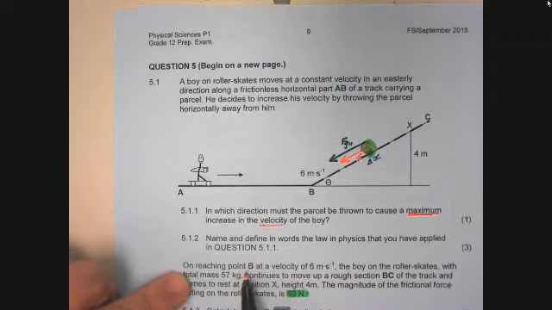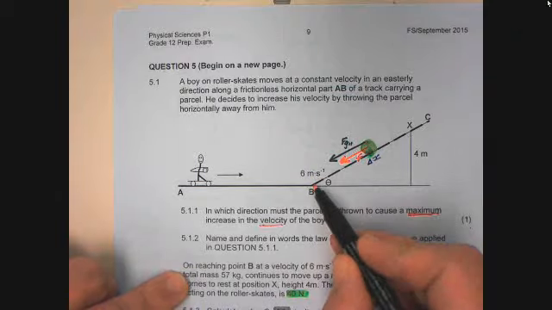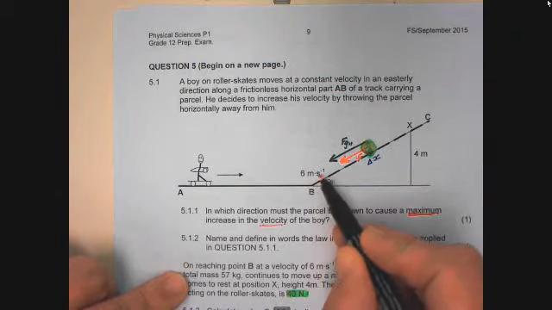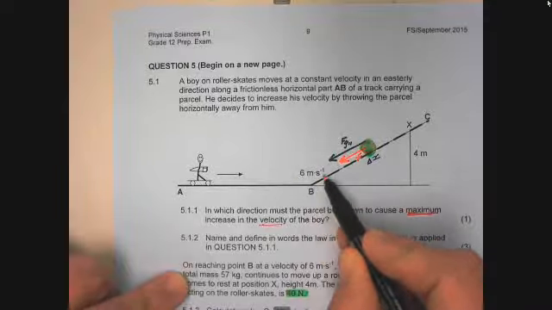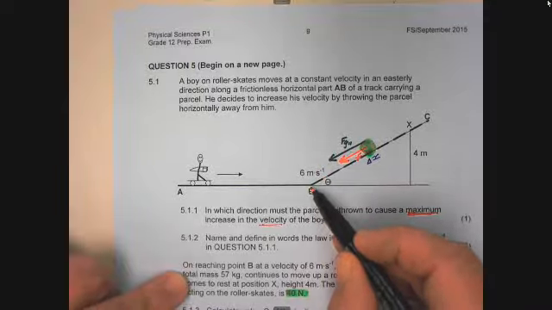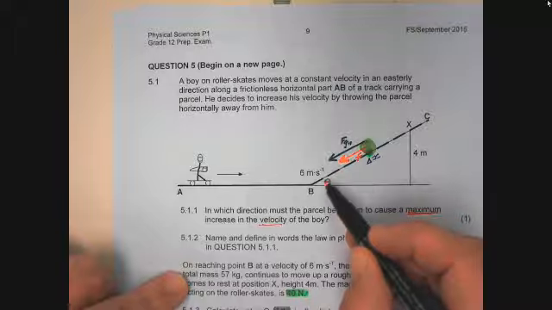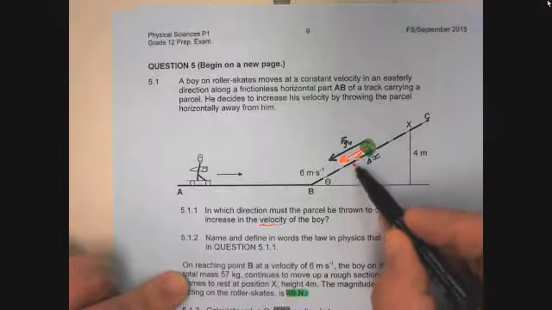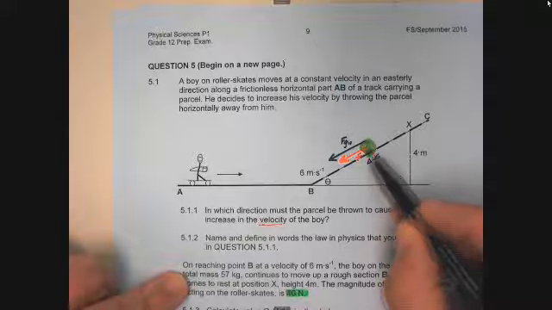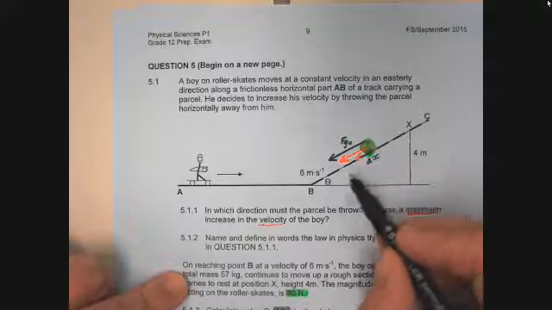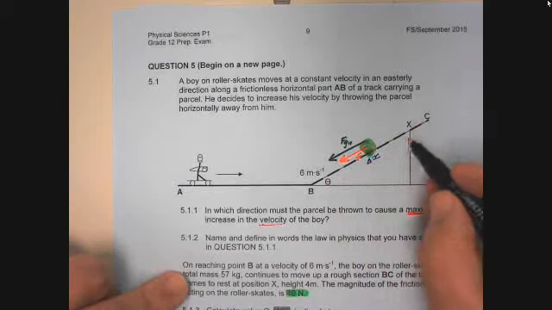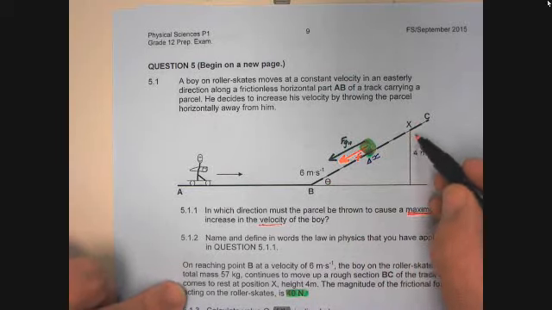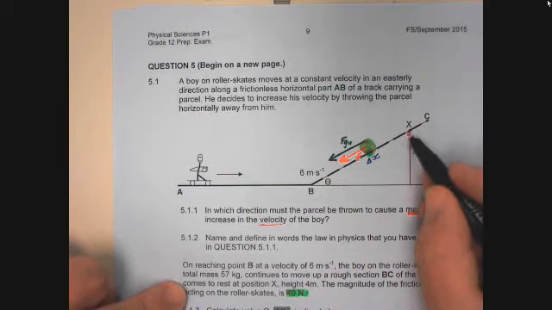Then the question moves on to a calculation. This boy on the roller skates reaches point B at 6 meters per second, and then starts moving up the incline. You will see the inclined plane is a rough area, so there is friction acting on the roller skates, and then he comes to rest at a height of 4 meters above the ground.